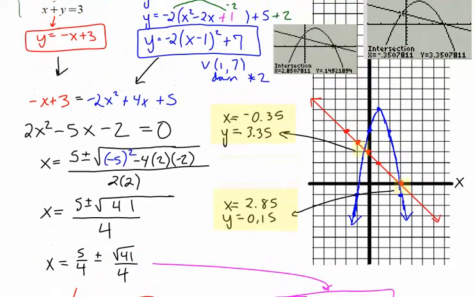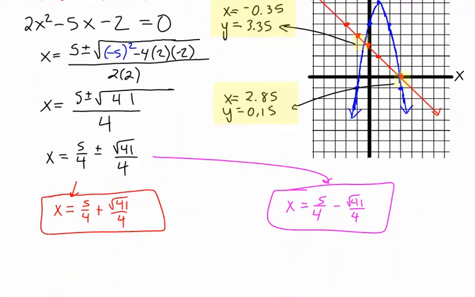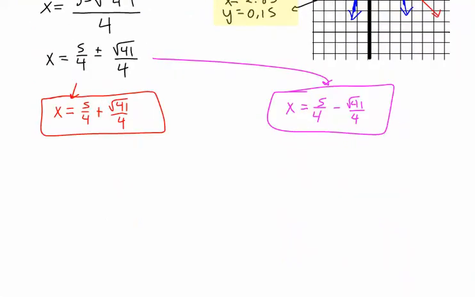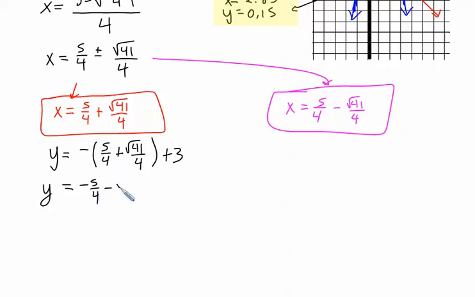Now to solve for y, we'll need to plug back into y equals negative x plus 3. So we'll do that for each of these two items. On the left here, y is equal to a negative x plus 3. Now make sure you distribute that negative here. So it'll be a negative 5 fourths minus radical 41 fourths plus 3.